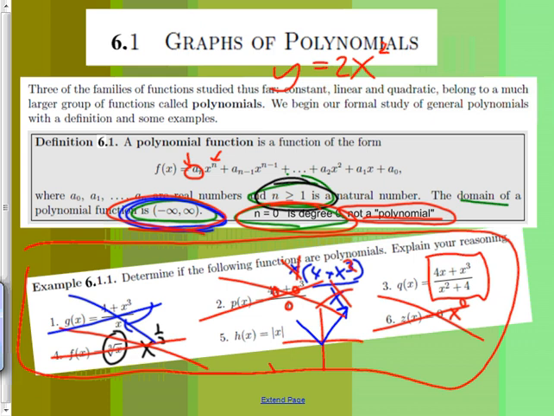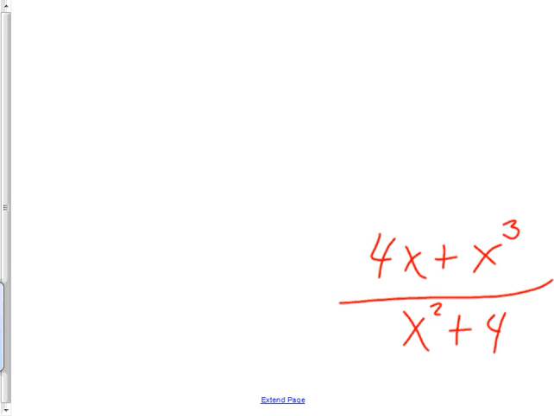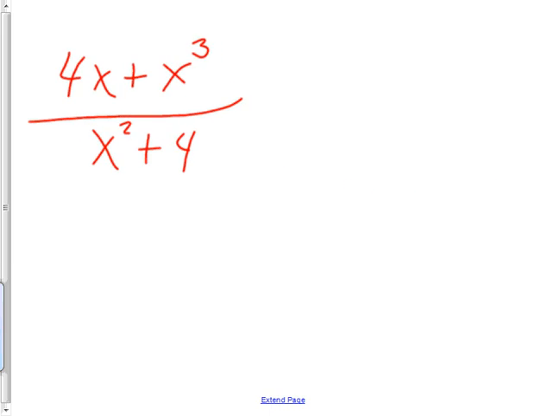X plus x cubed. 4x plus x cubed. Factor the top for me.